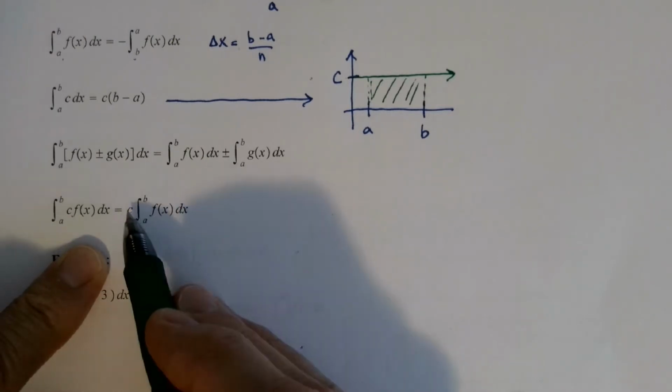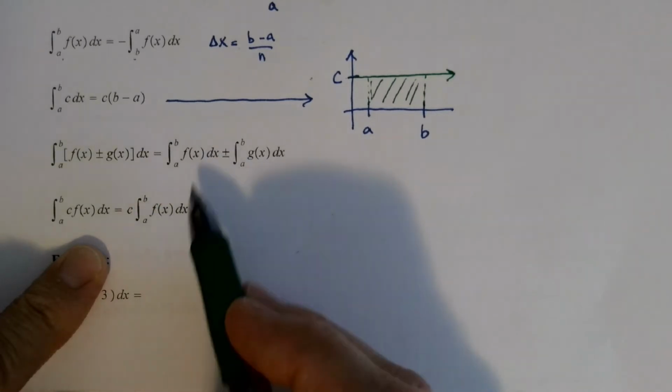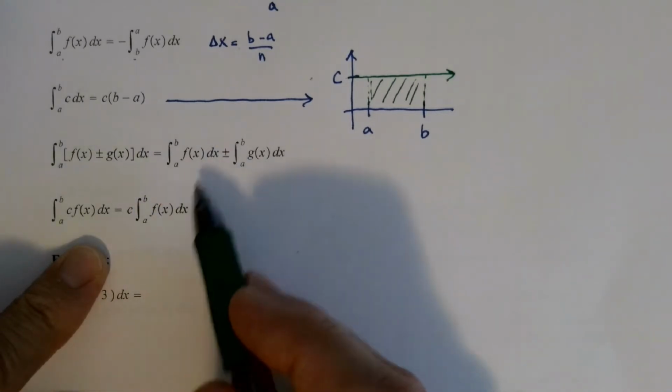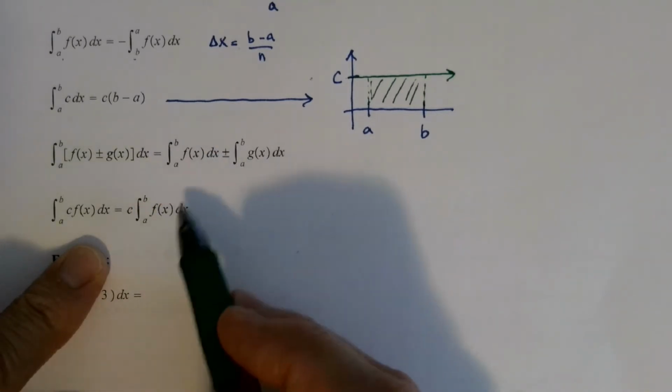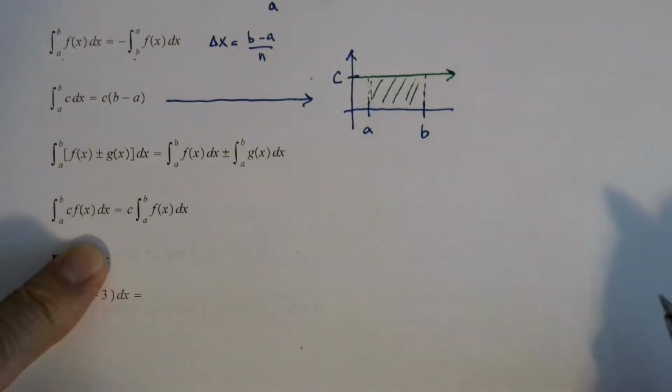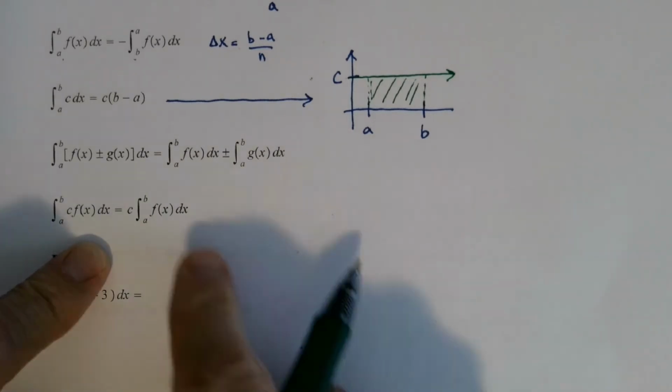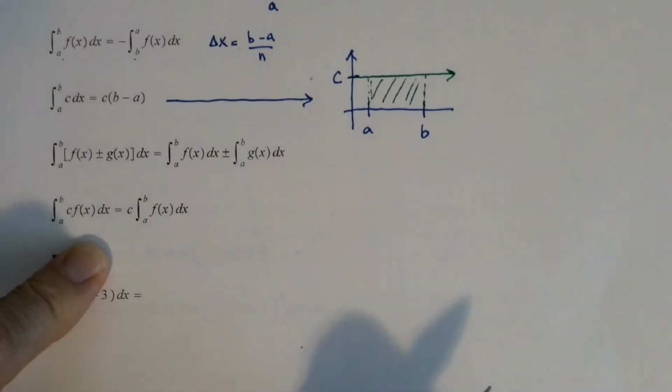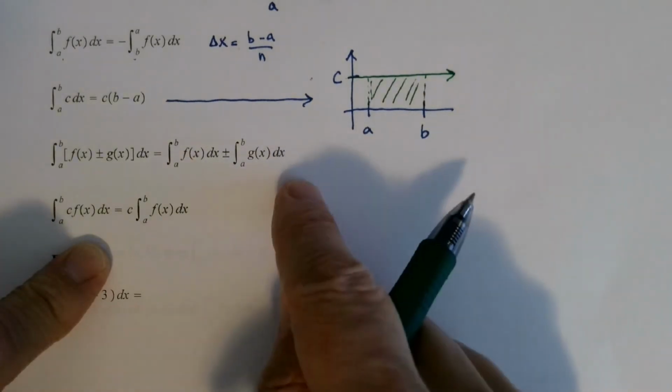The function cannot come outside of it, but the constant can, constant multiple. These two properties are the linearity properties, and they come directly from the linearity properties of sums that we've looked at. In the limit definition, we were talking about a summation before we take the limit as n goes to infinity, and these properties come directly from that. So we use these all the time.